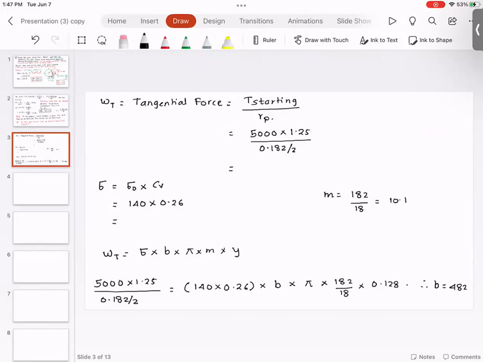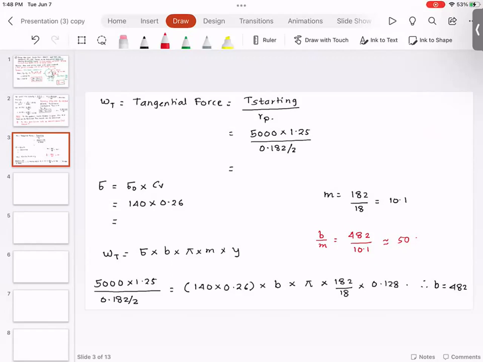Now, here is the problem. If you look at the B by M ratio for this particular design, it is 482 divided by 10.1, which is about 50. Just to give you an idea, 482 is about half a meter wide gear.